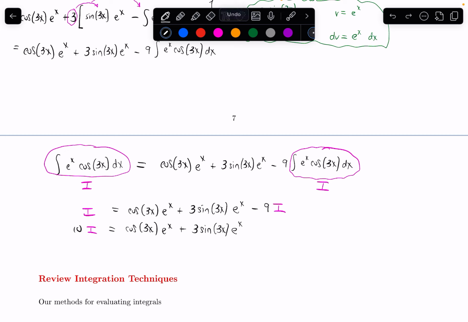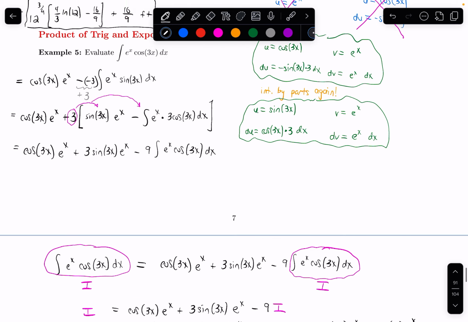And now I'm one step away from getting I. I just divide by 10. So dividing by 10, we get that I, the thing we wanted, is cosine of 3x times e to the x plus 3 sine of 3x times e to the x, that whole thing getting divided by 10.